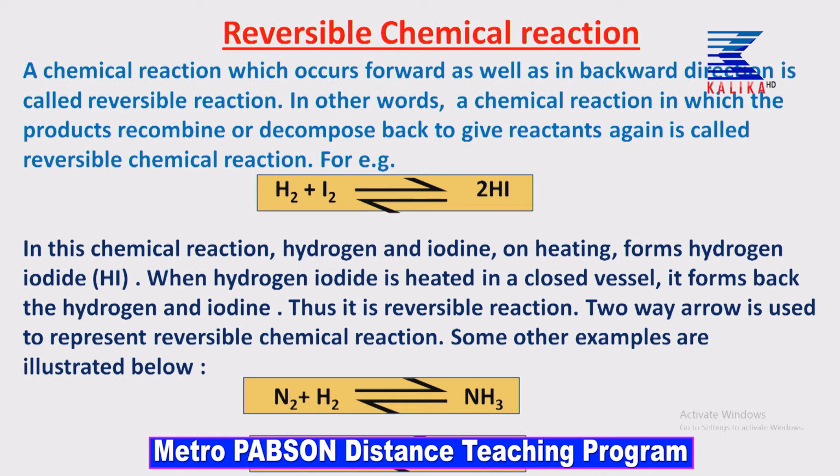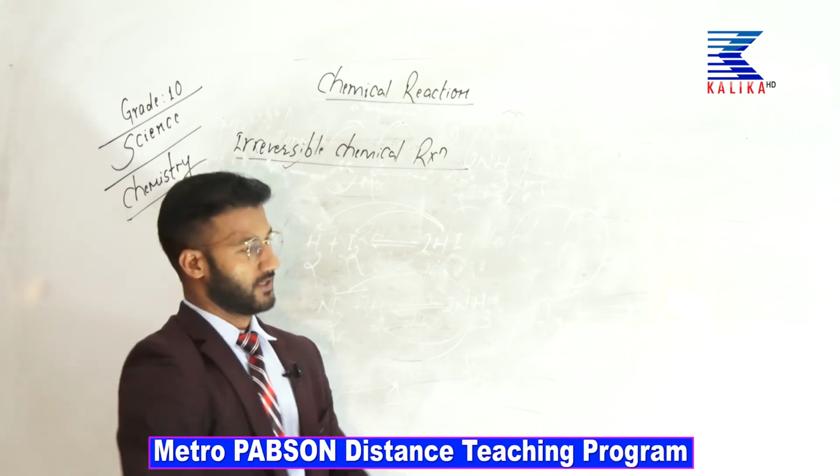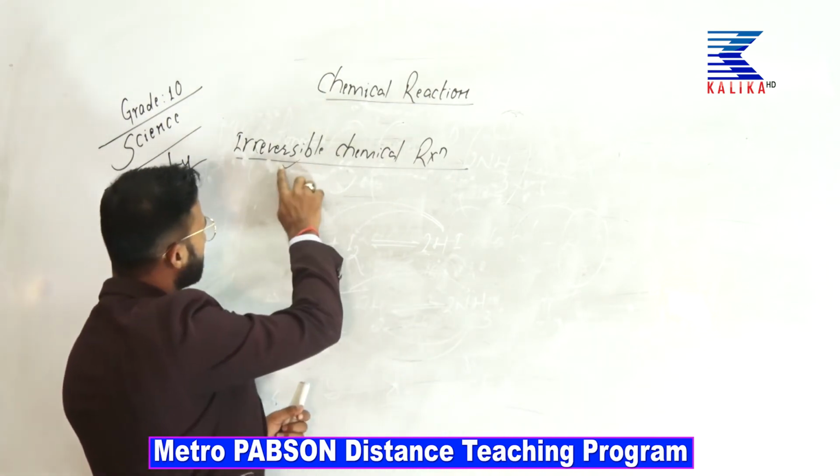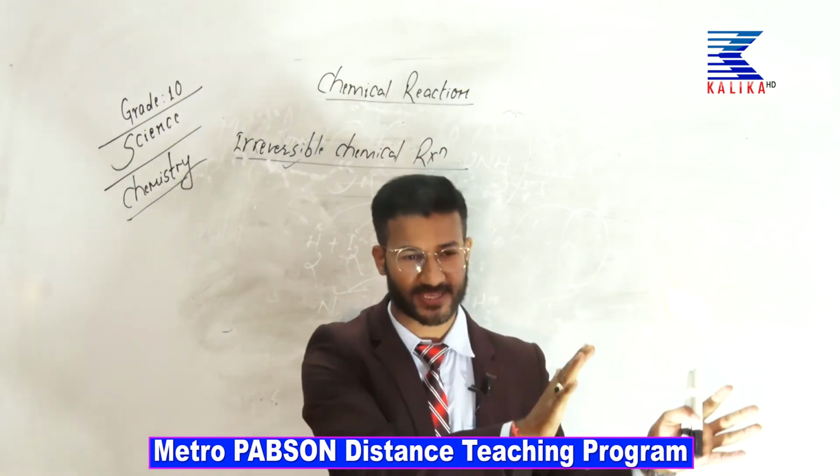Anyway, the next type is irreversible chemical reaction. Let us focus on the irreversible topic. Irreversible means it cannot be reversed back.